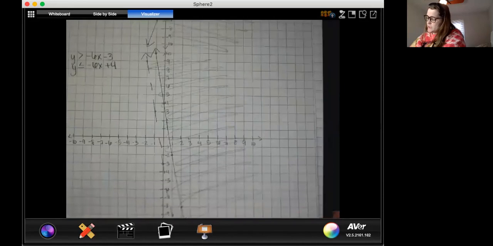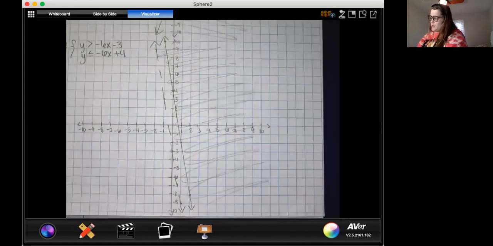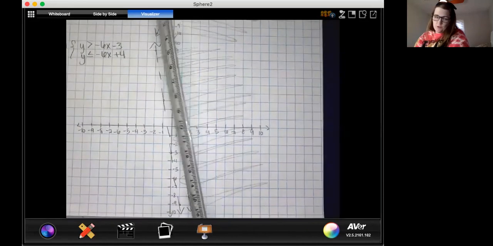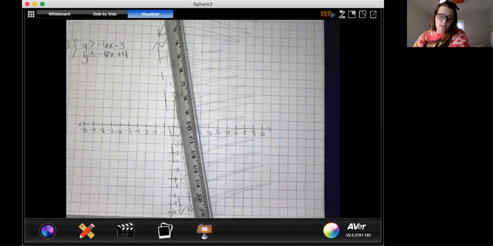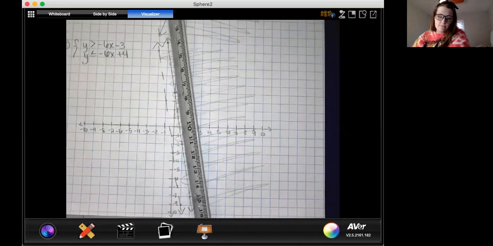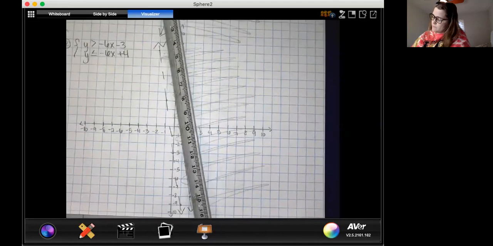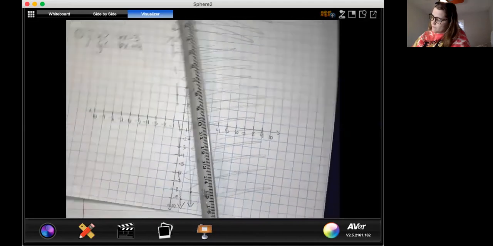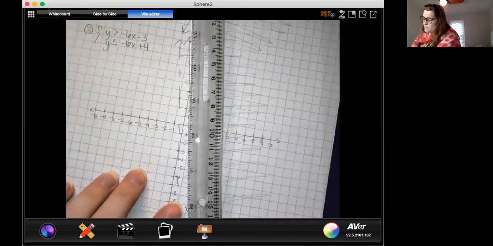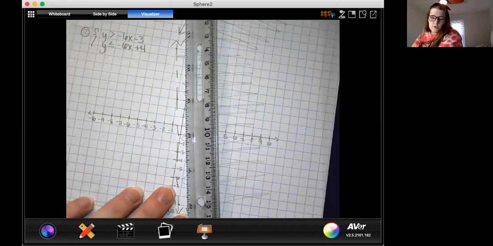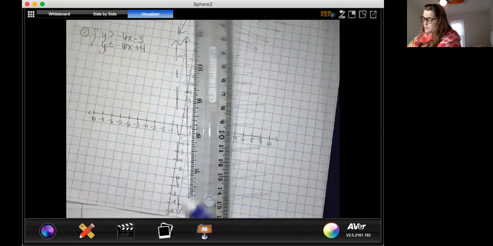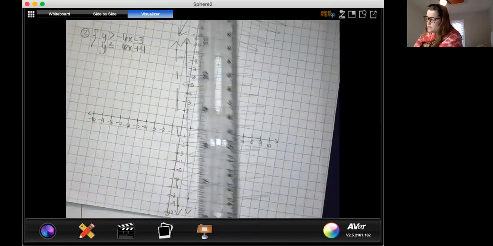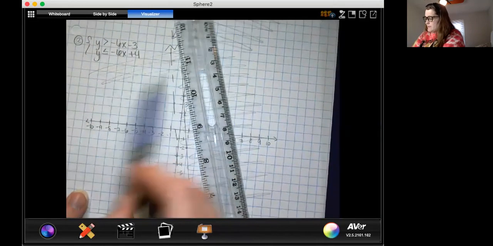So therefore, per the second line, this line that we just drew, the solid line, should I be shading to the left or the right? Should be shading to the left, right? Because 0, 0 is on the left side of that line, so we shade to the left.